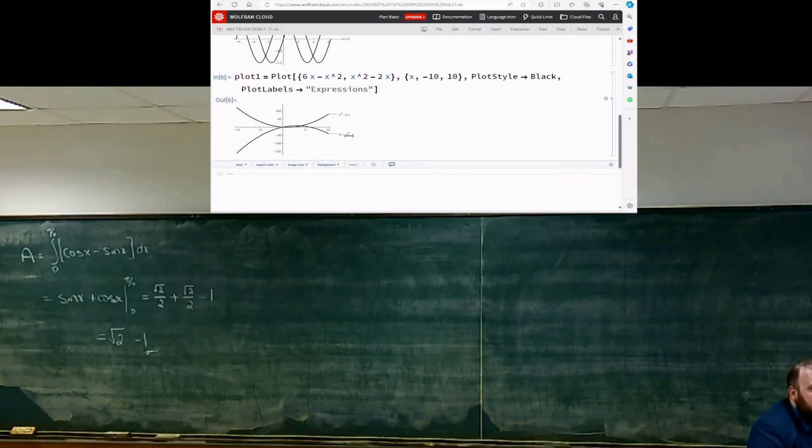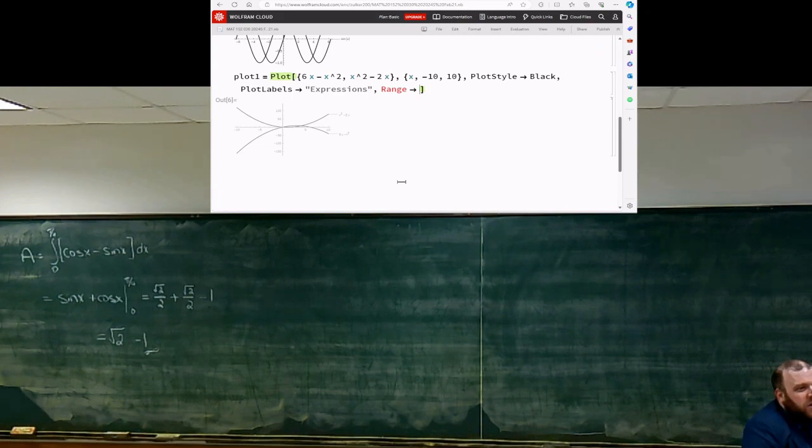Oof. That's not really helpful. It automatically chooses a domain for the y-axis. But we can also set it to whatever we want.